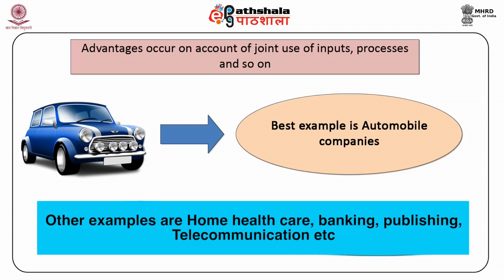Another example of economies of scope is home healthcare, banking, publishing, telecommunications, electronic-based B2B providers, distribution. Automobile manufacturers use the same practices, processes, tools, and materials to design and prototype multiple products. Economies of scope are the main means of systematic reuse in commercial construction.